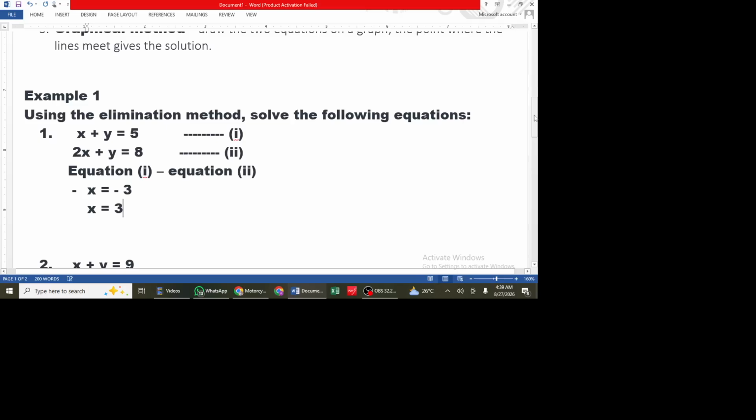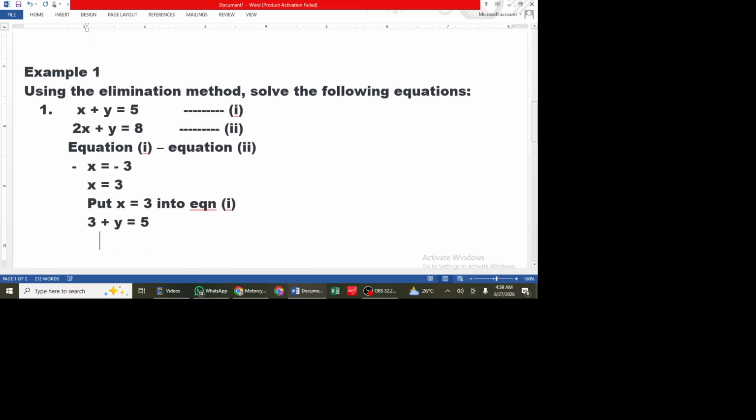Then you substitute for the value of x in any of the two equations. Let us use equation 1. Then you say put x is equal to 3 into equation 1. In equation 1, we have x plus y is equal to 5. From there now, x will be 3, and that will be 3 plus y is equal to 5. From there, you collect like terms.